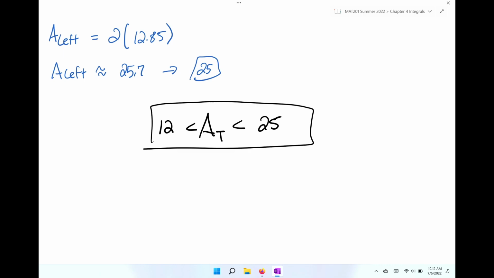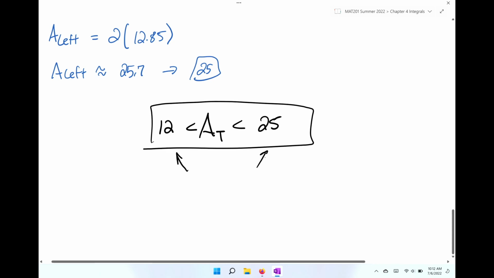And I agree with you. However, we've only used 5 rectangles. If we use 10 or 100 or 1,000 or 1,000,000, these endpoints would get closer and closer and closer, and you would start to converge, or you would start to sandwich the actual true area in between the upper and lower bounds that we have here. All right?